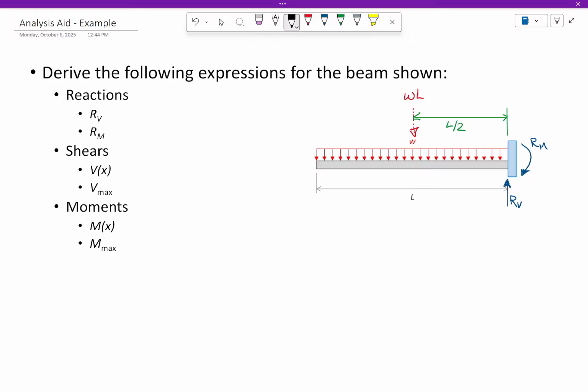So, if I sum forces in the y direction, what do I have going up? My reaction here, my force going down.